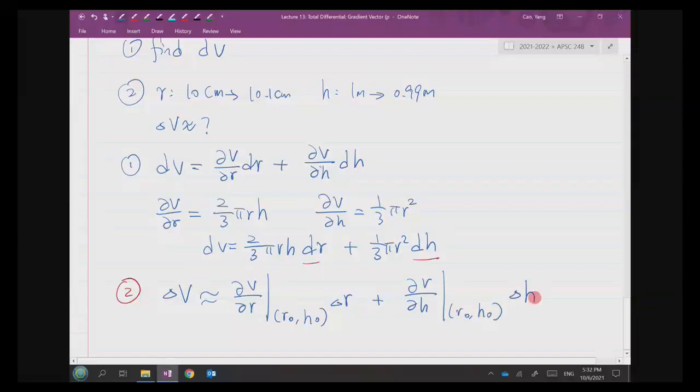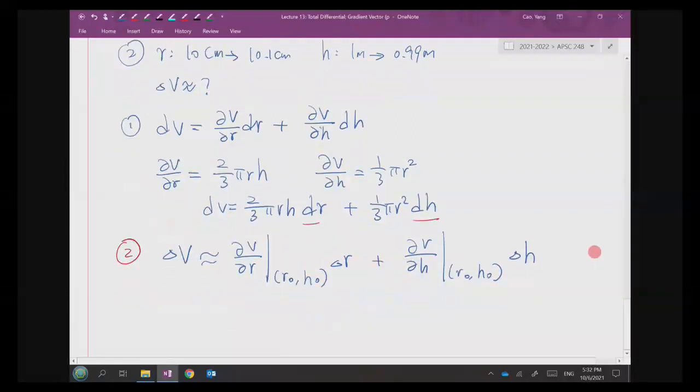So that's the approximate change formula. You already calculated the two partial derivatives, so we just have to find the initial location r naught, h naught.